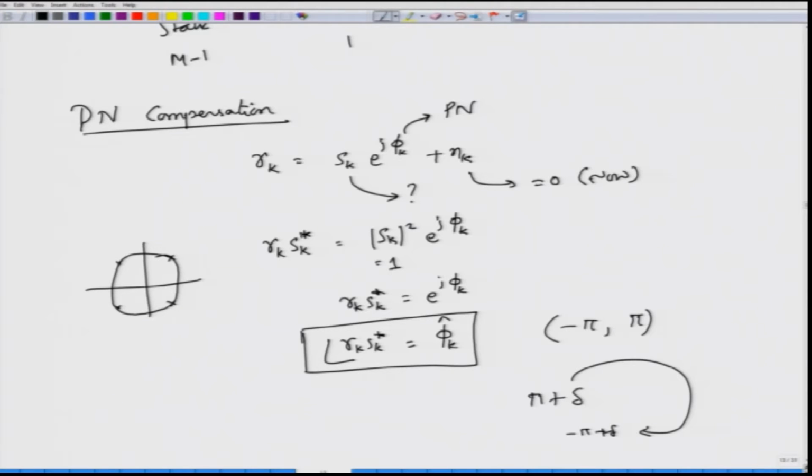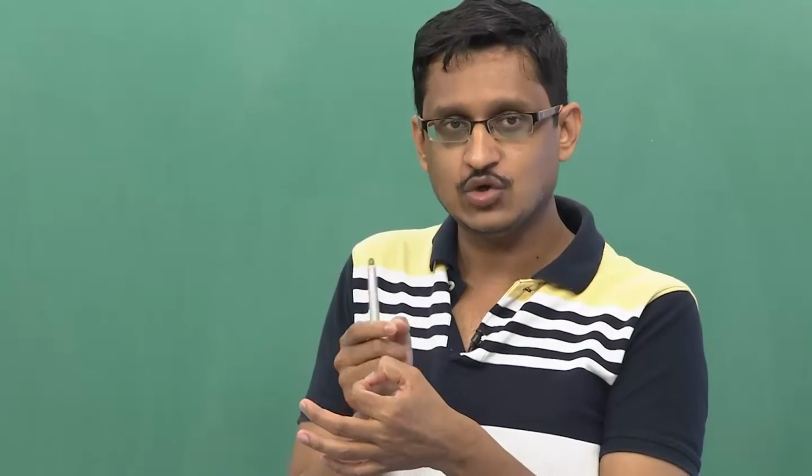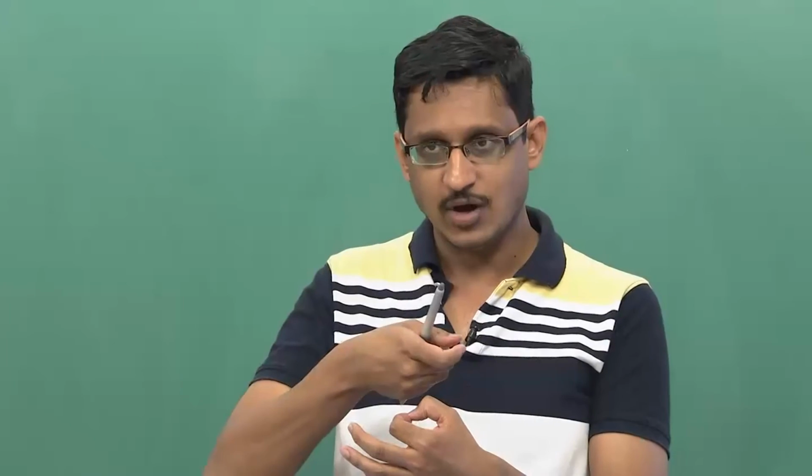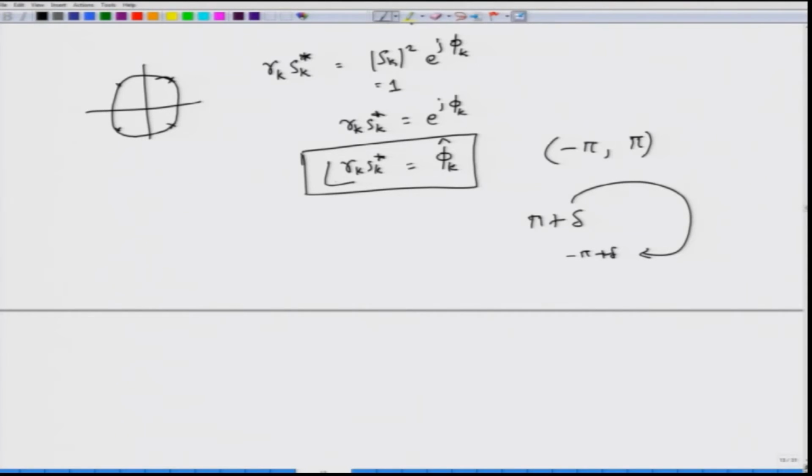If this is minus pi and pi, which coincide with each other, and my phase happens to be pi plus delta, that actually shows up as minus pi plus delta. It is actually a bad thing, because now your phase is getting wrapped and someone has to unwrap it, and algorithms have to be developed to unwrap the phase. So, even an idea as simple as this with no noise must be accompanied by a phase unwrapping process. One has to unwrap the phase.